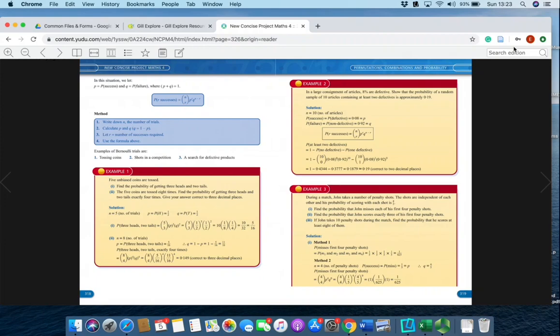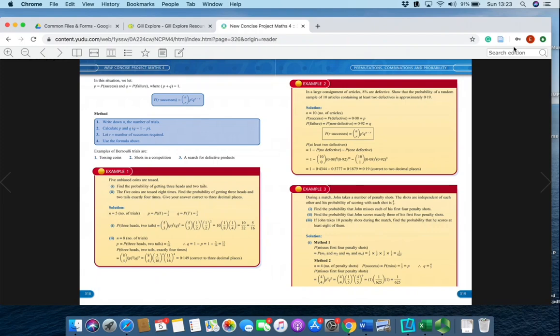And then part 2 asks: the 5 coins are tossed 8 times. Find the probability of getting 3 heads and 2 tails exactly 4 times. Give your answer correct to 3 decimal places.